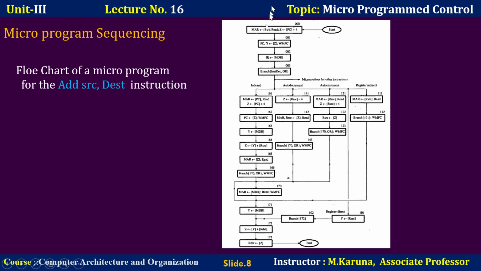Here these are the first 3: 0 0 0 0, 0 1 0 0, 2 0 0 3. At that address, whatever instructions are present, the corresponding micro control signals are used to fetch the add instruction code.